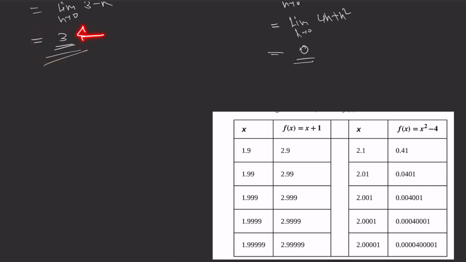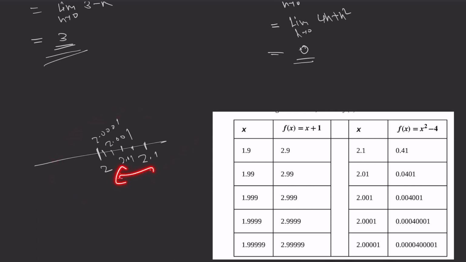Now from the right hand side, I'll start from 2.1, then 2.01, 2.001, 2.0001. So here is 2, and we are going towards 2 from the right hand side.